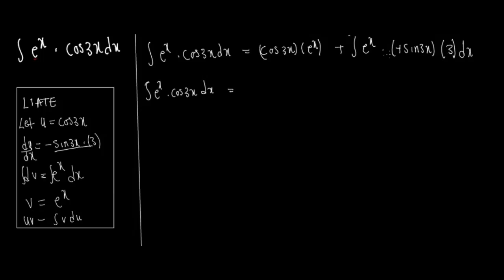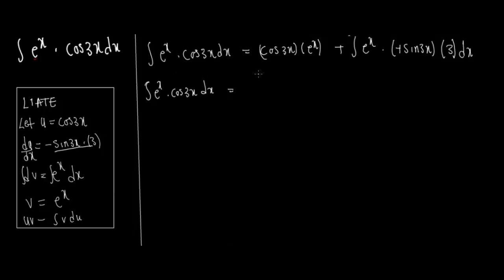But you can see that here still we need to apply the integration by parts again, because we are not looking for the integral of e to the x sine 3x. We are looking for the integral of e to the x cosine of 3x. So we need to apply the integration by parts again.